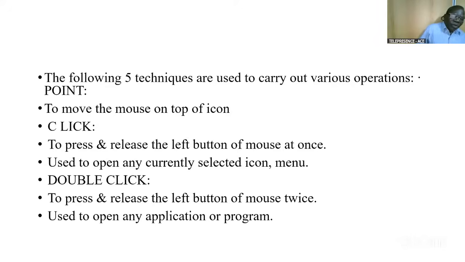We'll continue our lecture. The following 5 techniques are used to carry out various operations when using a pointing device. To move the mouse on top of an icon, you point to that icon.